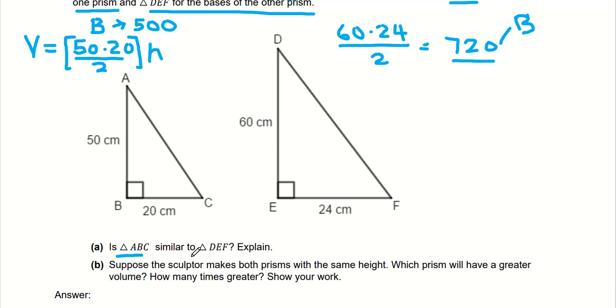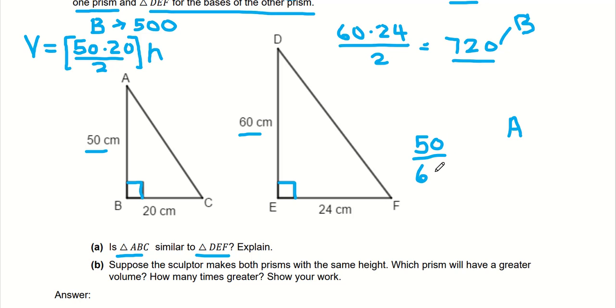So is triangle ABC similar to DEF? So let's compare the parts of the triangle that we can see. So I'm going to start with that 90-degree angle. So we have two angles that correspond, that are congruent. Now we want to look at the relationship between the height of both triangles.